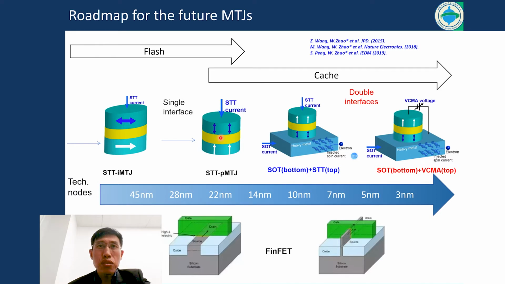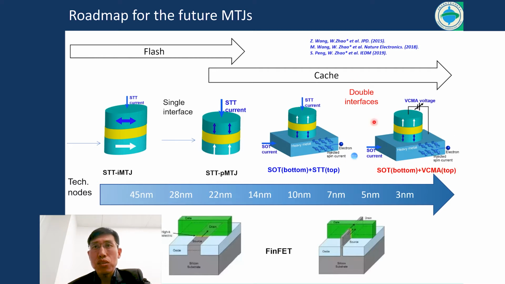This is a single interface in the STT MTJ device, and this is a 2 interface. The first step is to combine spin transfer torque and spin orbit torque, and the next step could be spin orbit torque combined with VCMA, voltage controlled magnetic anisotropy.